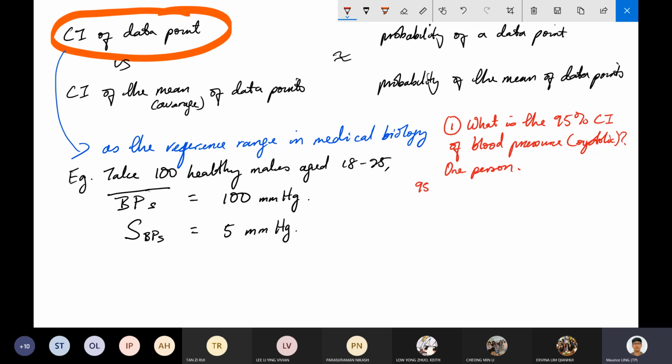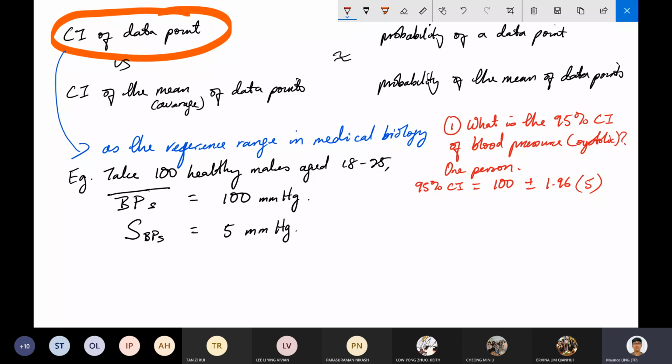The 95% confidence interval is actually 100 millimeters mercury plus minus 1.96 times your standard deviation.